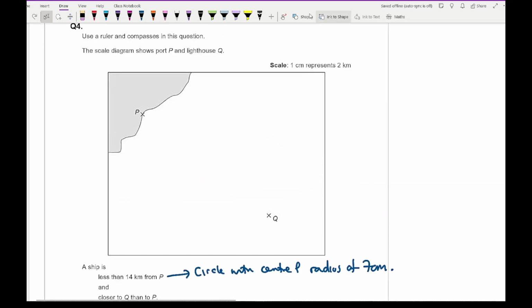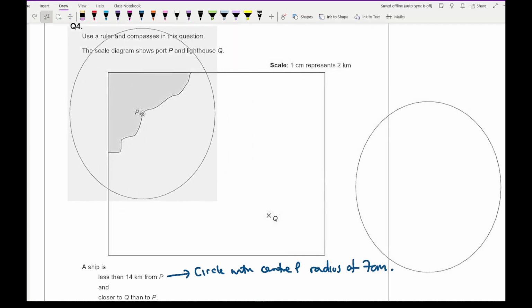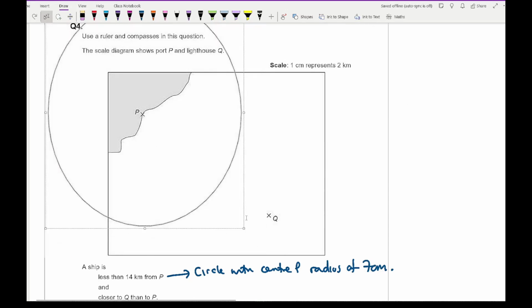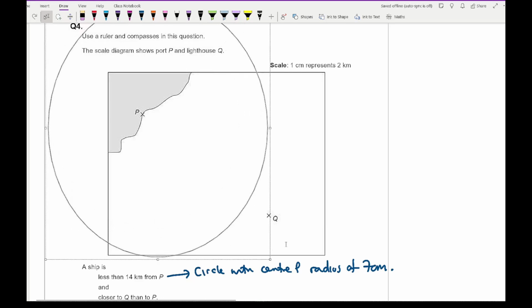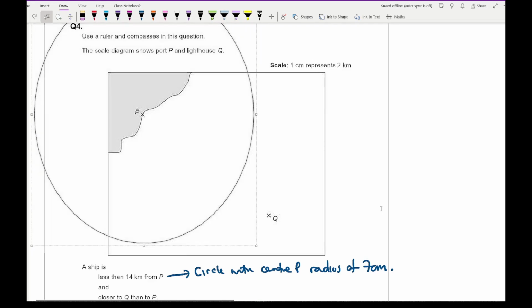Again, mine's not going to be accurate at all, but if I just draw what I believe is a circle, and make that a little bit bigger, let's say that for argument's sake this circle with center P has a radius here of 7 centimeters.